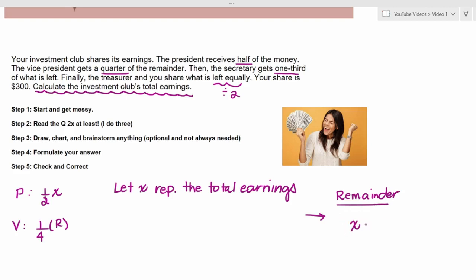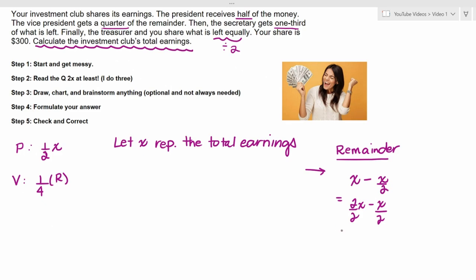So X was the total amount minus whatever portion the president took. Well, the president took half of it. He or she took half of the total. So when I do this in terms of fraction, this is like saying 2 over 2 x minus x over 2, or 1x over 2. So what's the remainder? What's left?